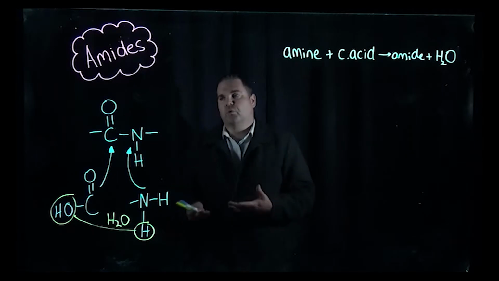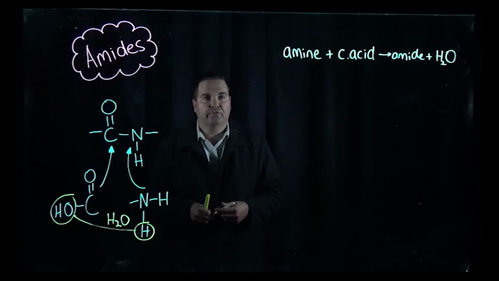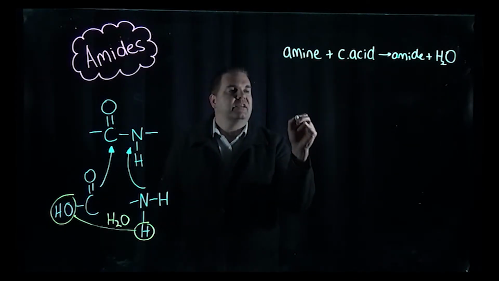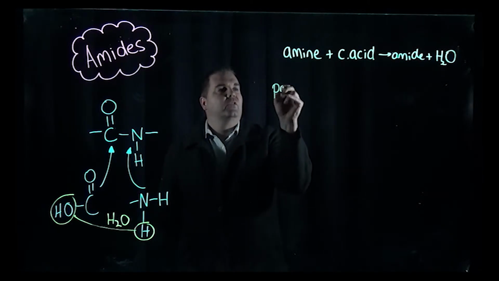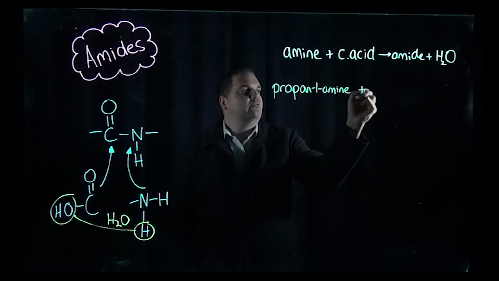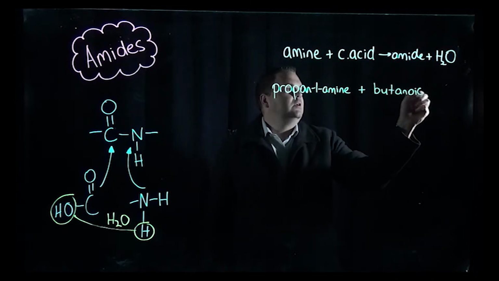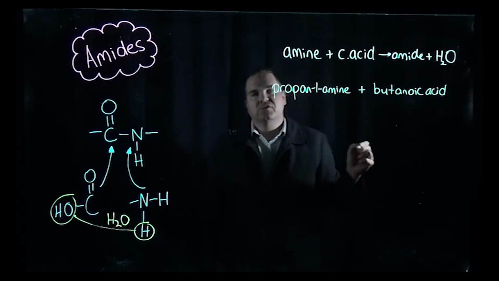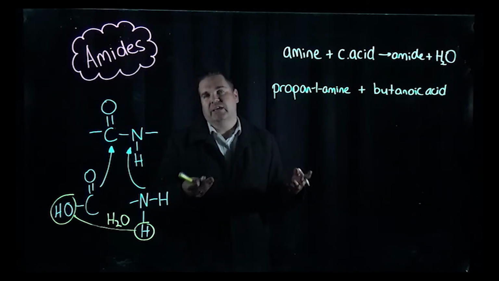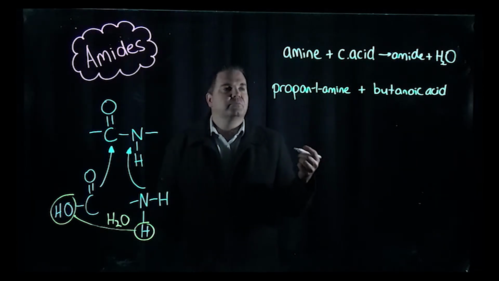So in order to draw the amide that you get from an amine and a carboxylic acid, it's actually really straightforward. Let's say we start with propan-1-amine, and we react that with butanoic acid. What I always do, and I recommend that you do this in the exam, is draw on a piece of paper on the side in pencil and put the two functional groups close to each other.